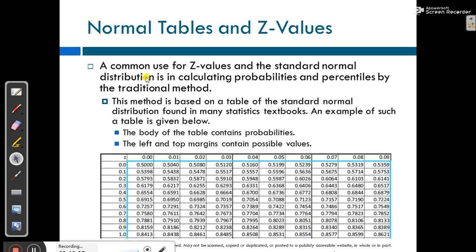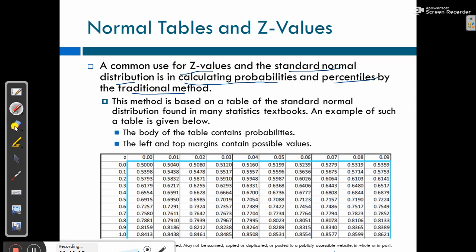A common use of z values and the standard normal distribution is calculating probabilities and percentiles by the traditional method. So rather than using a different method, using the z value we can also calculate the probability.